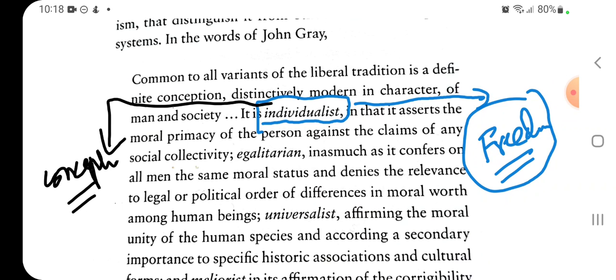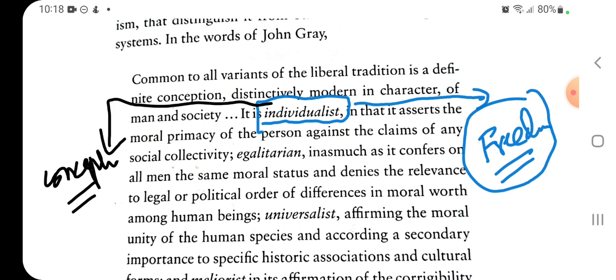So last time we tried to understand the basic concept of freedom in terms of positive freedom and negative freedom, and we saw that liberalism is a form of worship of freedom in both senses.